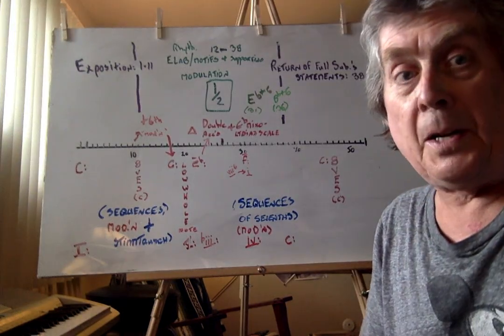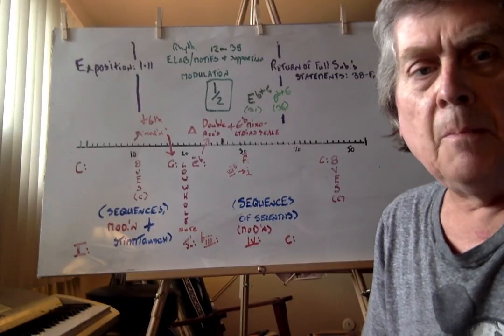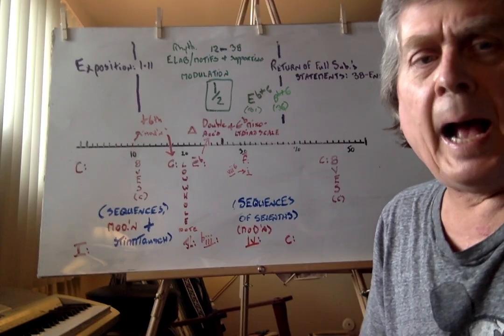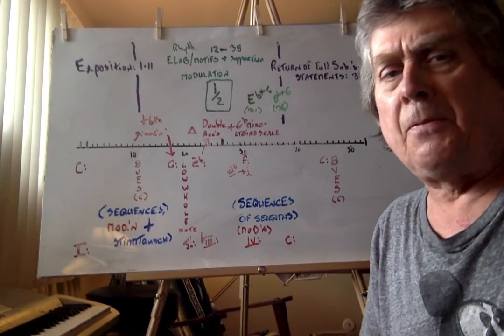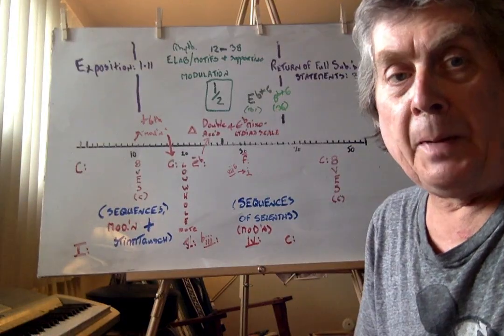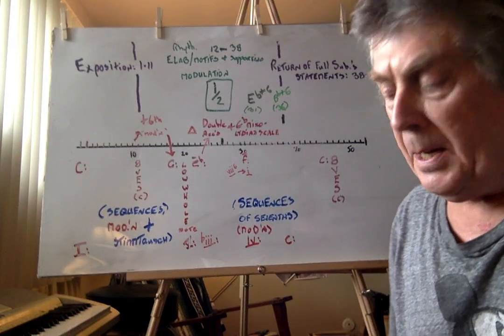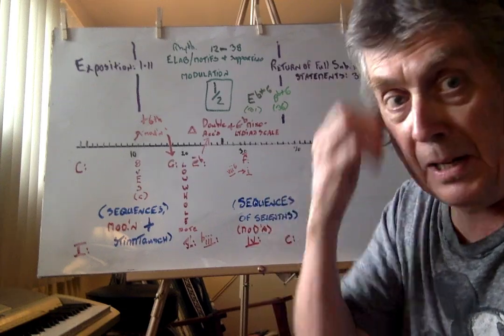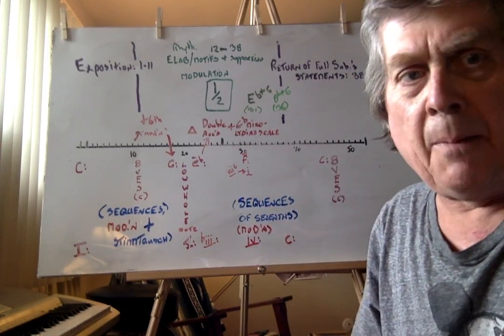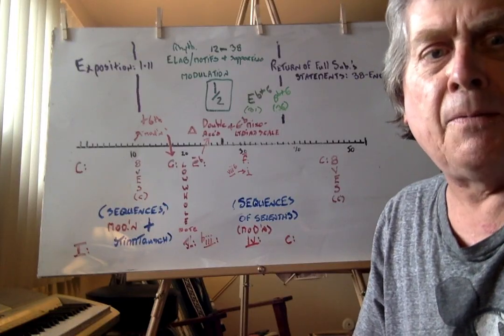The next one, we talked a little bit about sequences, mostly sequences, and more aspects of rhythm. In the first one, we talked about the rhythmic characteristics of the subject, and motives derived from that.